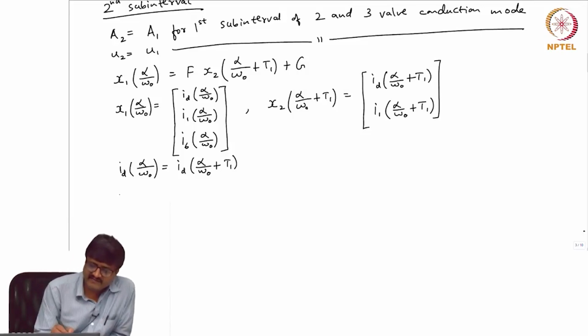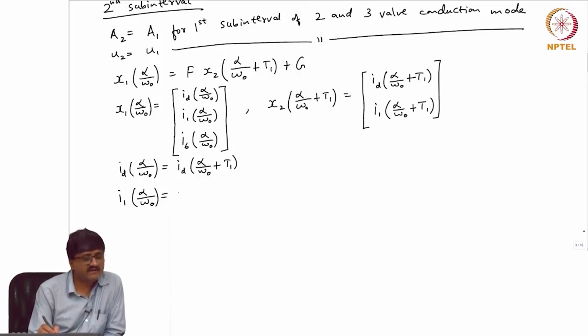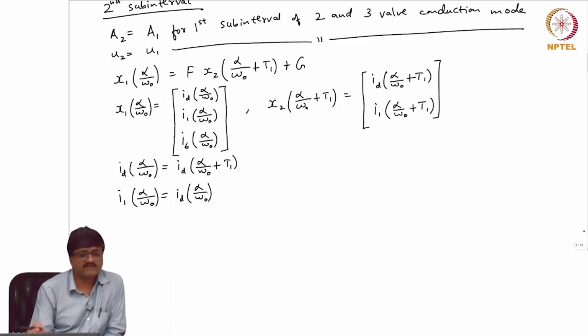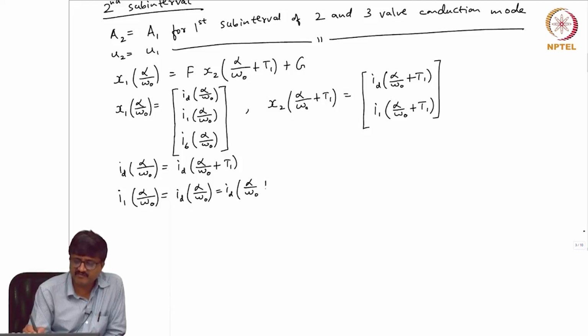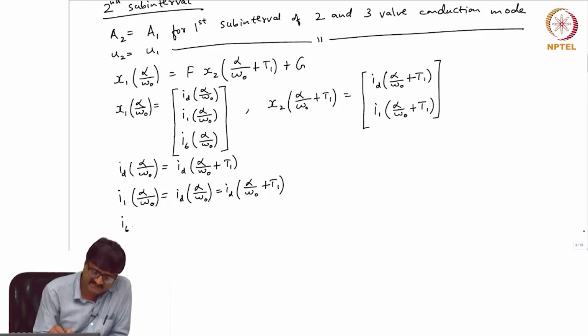Then the second element of x1 is I1 at alpha by omega O. So, that is again ID at alpha by omega O, which is nothing but ID at alpha by omega O plus T1. Then finally, I6 at alpha by omega O.